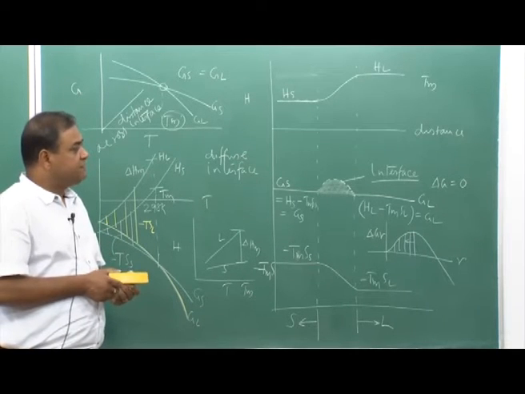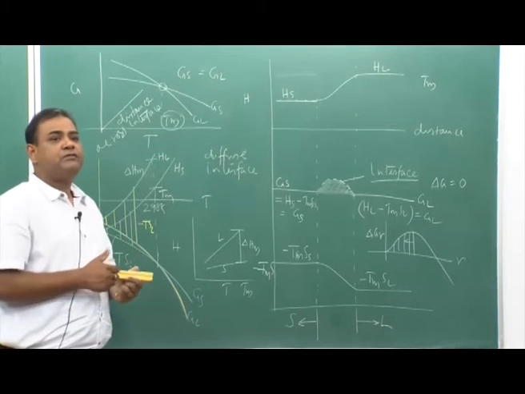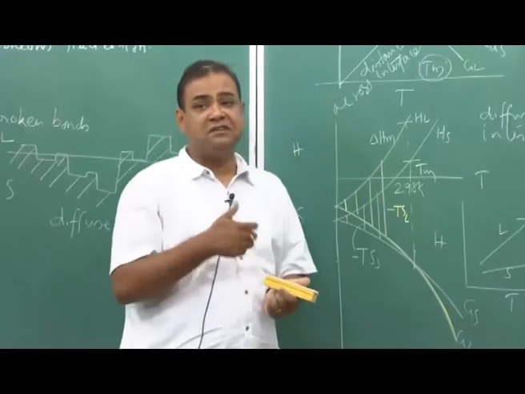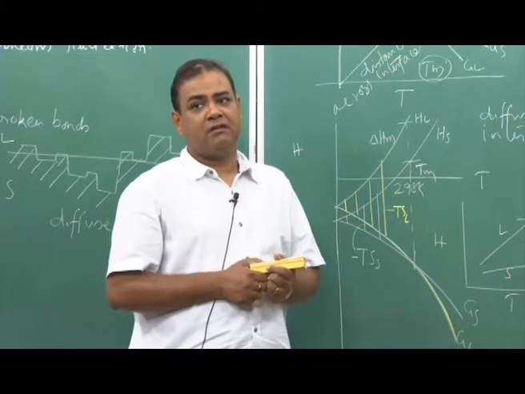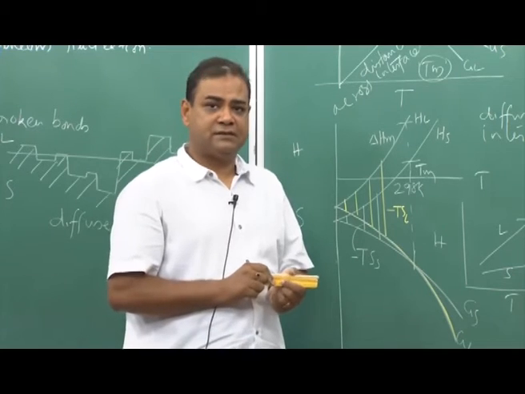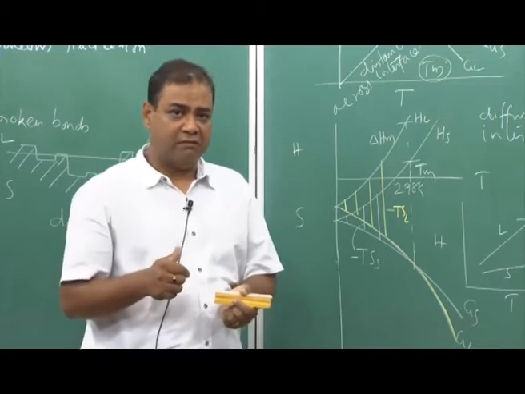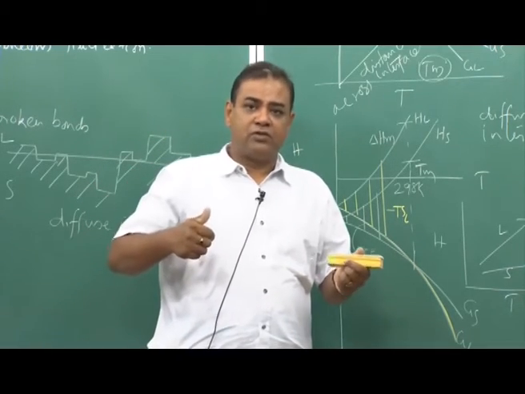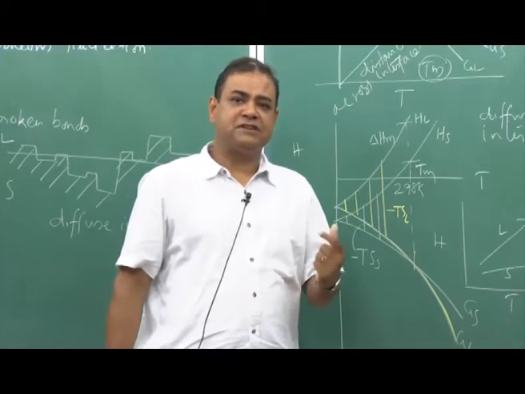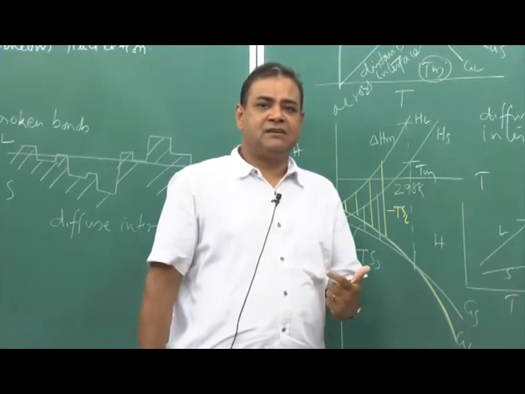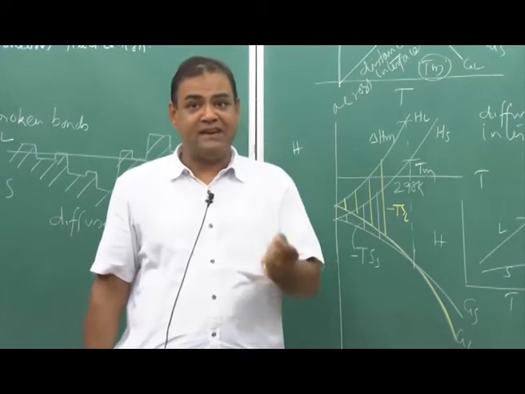You might have noticed in our previous calculations, we solved one problem where we asked: if interface energy increases by 10%, what happens to the nucleation frequency or nucleation rate? We have seen that the nucleation rate goes down to a great extent, because the interface energy always acts positively towards the overall energy contribution, but we need a negative contribution.